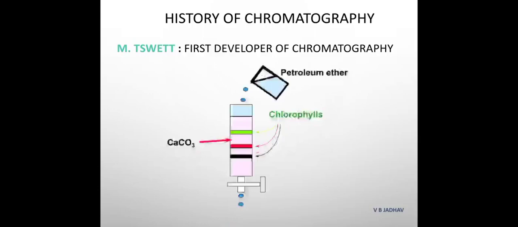This glass tube was filled with a stationary phase made from calcium carbonate, and the mobile phase was a liquid, petroleum ether. He took a mixture of constituents to separate, called chlorophylls. This is the simple arrangement of the well-known chromatography called column chromatography.